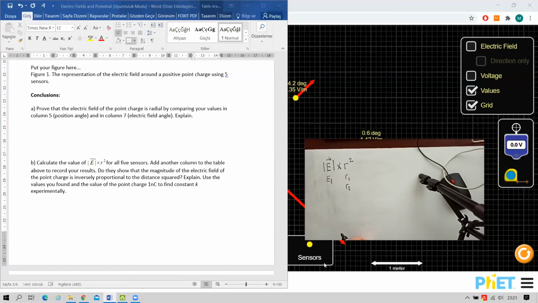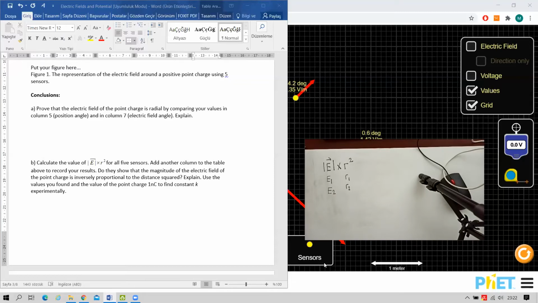If you are talking about the second sensor, these are going to be R2 and E2, etc. So use the strength of the electric field at the location of each sensor and the distance squared from the origin, from the source charge, and multiply them. Find the value for each sensor.